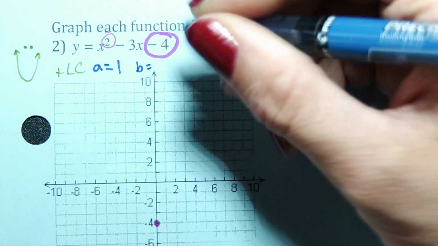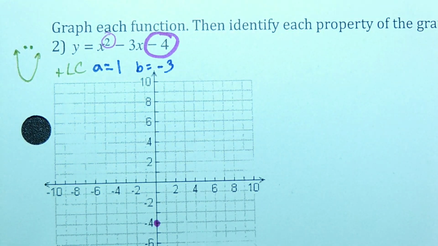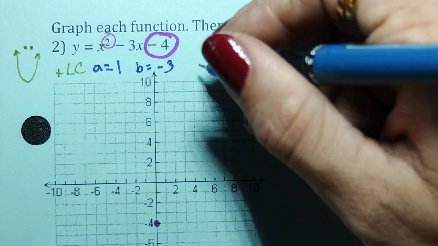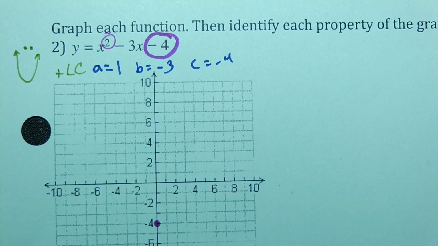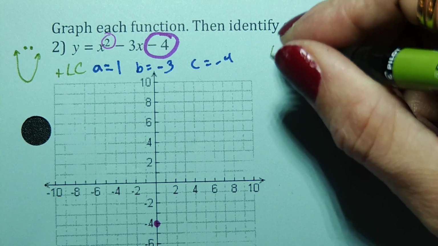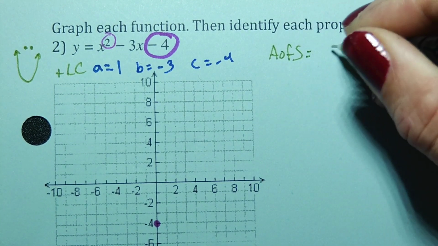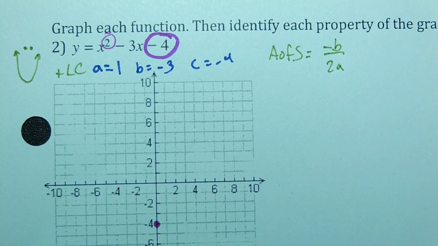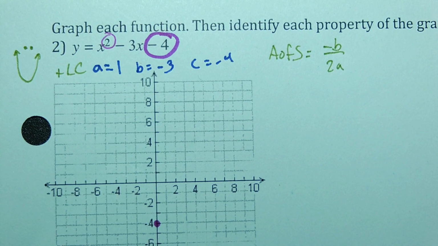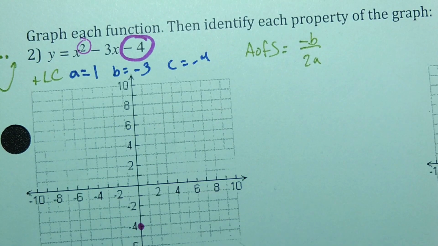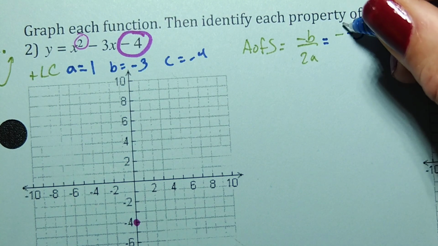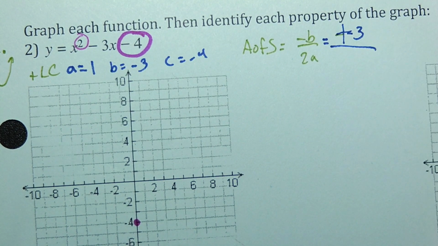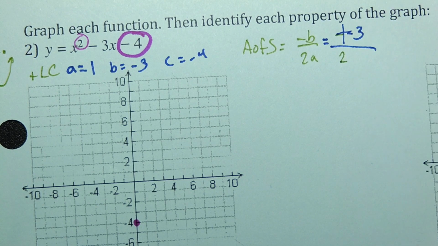What's my b value? -3. That's the coefficient of your x term. And your c value is -4. So for our axis of symmetry, the a of s is negative b over 2a. So my b value is -3, so we'll have -(-3), which will be a +3, over 2 times my a value of 1.